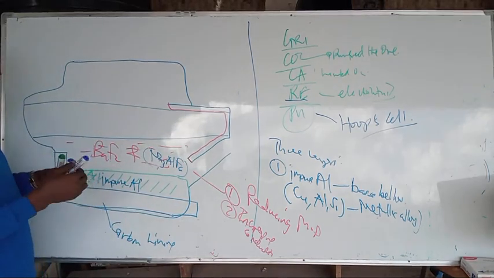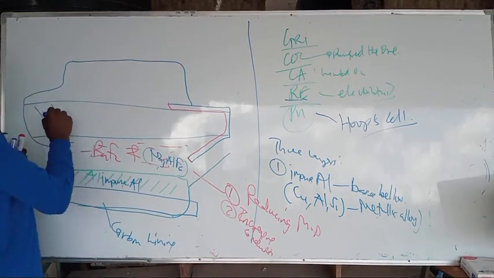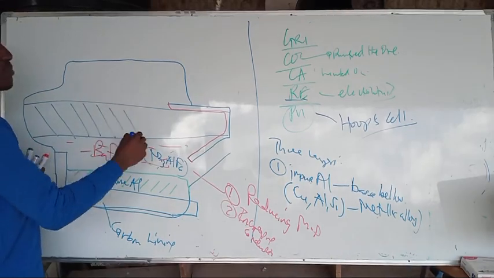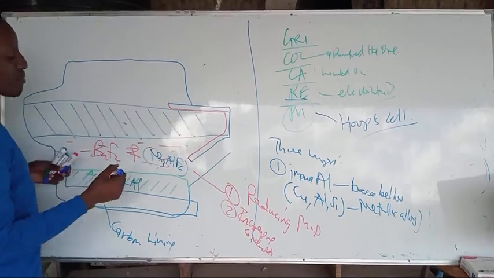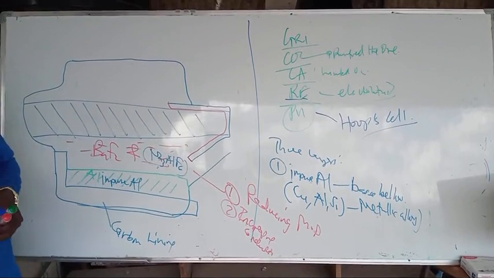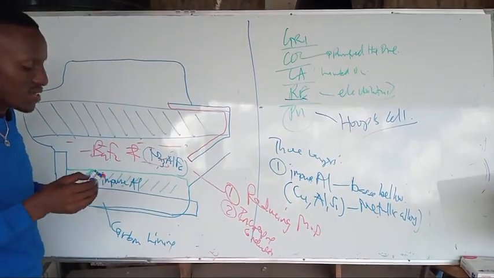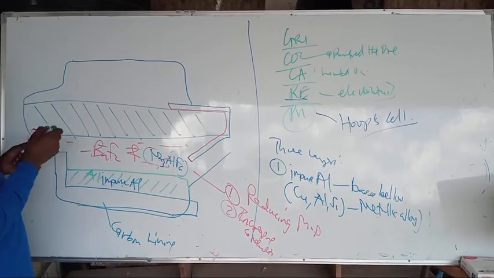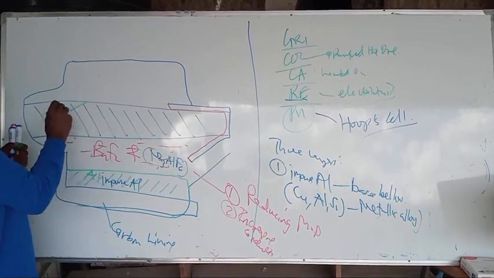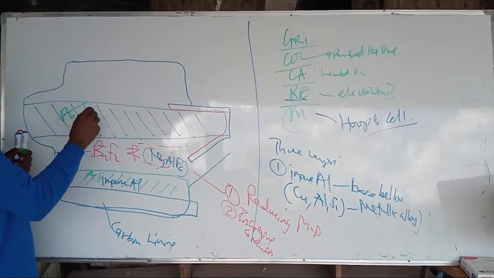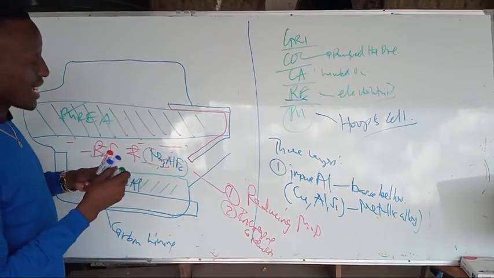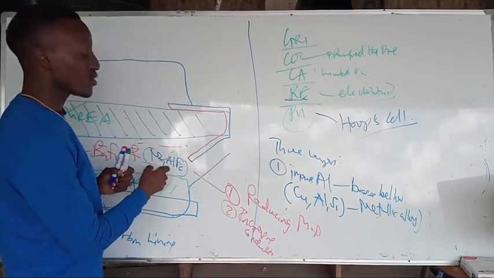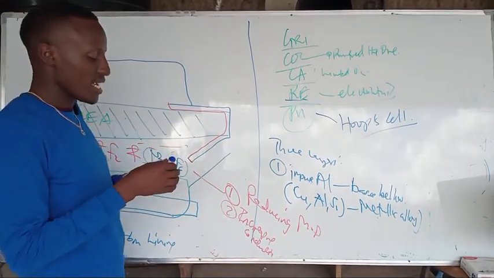So talking about this, we can say the upward layer is the pure aluminium, which acts as the cathode. We have said the second layer contains the electrolytes.